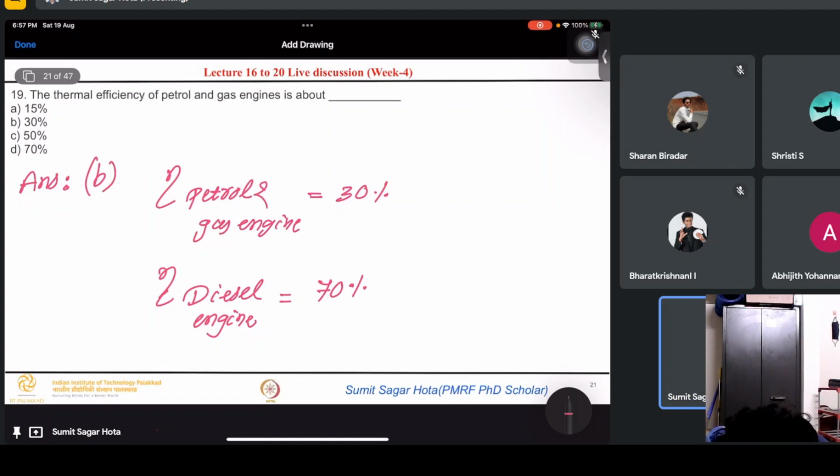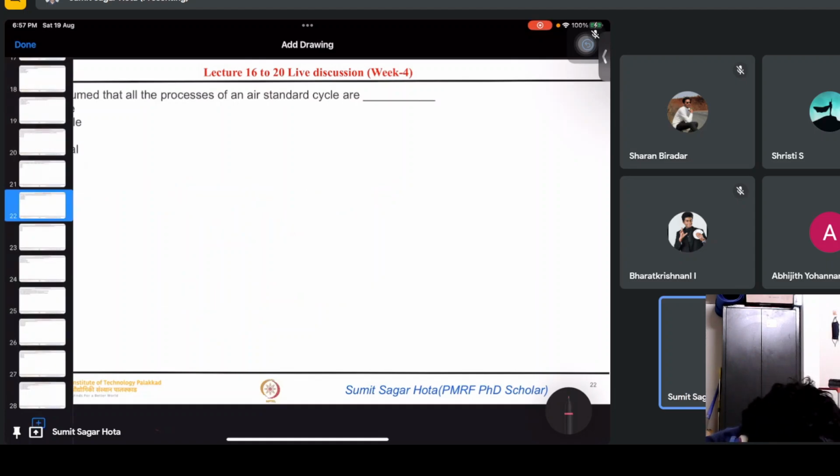Its auto ignition temperature is very high, so for igniting or making it start faster, it is difficult in the cold weather. So these are some problems of diesel engines also. Next question.